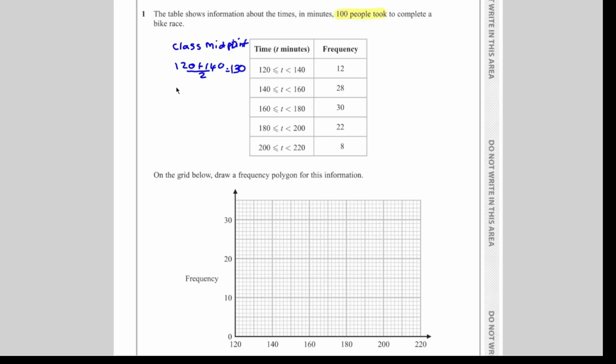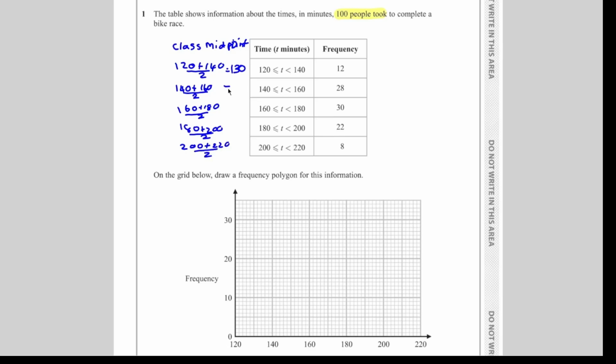Next one, 140 plus 160 divided by 2. Next one, 160 plus 180 divided by 2. 180 plus 200 divided by 2. Last one, 200 plus 220 divided by 2.